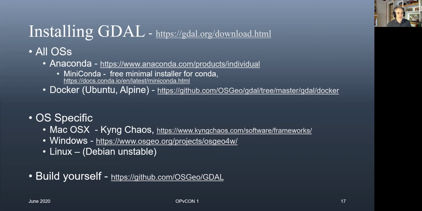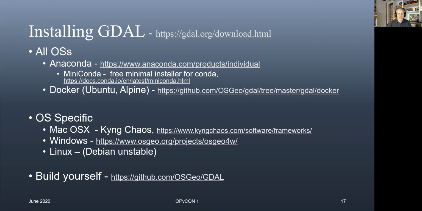There are OS specifics, and this is kind of how I grew up with GDAL. For my Mac, there's a package. Sounds like a Pokemon person, but King Chaos has been supporting a GDAL build for Mac forever. We'll see if he ports over to the new Mac chips when they get it, I guess the end of this year or next year.